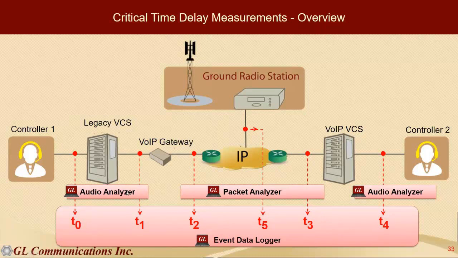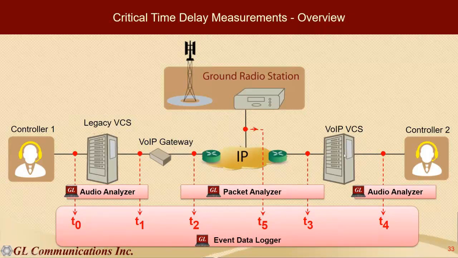So in this situation, you can isolate from T3 to T4. You can isolate the VoIP VCS to see the processing time it takes, for instance, for a PTT to be enabled on the analog side to when the PTT bit in the ED137 protocol is enabled.